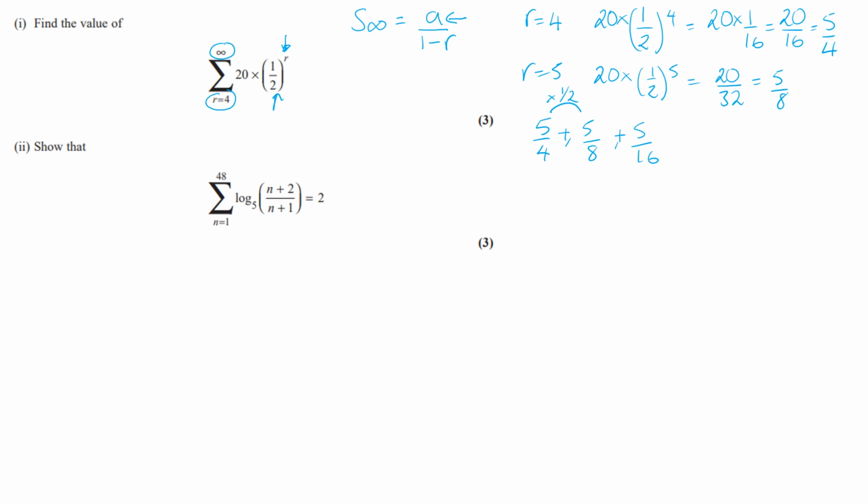So putting the a and r into the formula, the sum to infinity is going to be 5 quarters, the first term, over 1 minus a half, which is 5 quarters divided by a half, 5 quarters times 2 over 1, which is going to be 5 over 2.